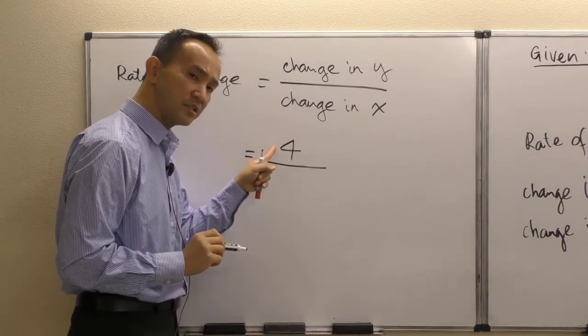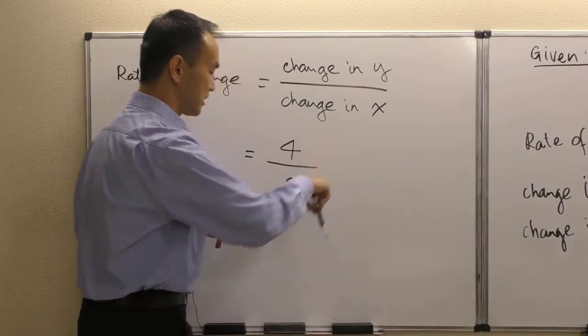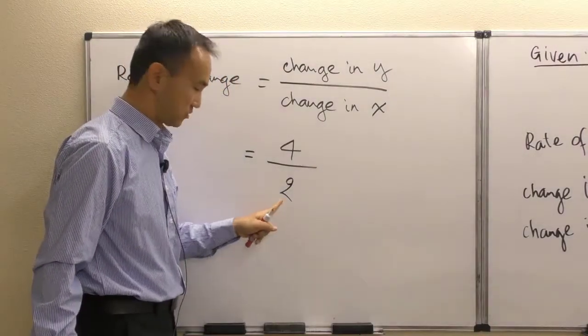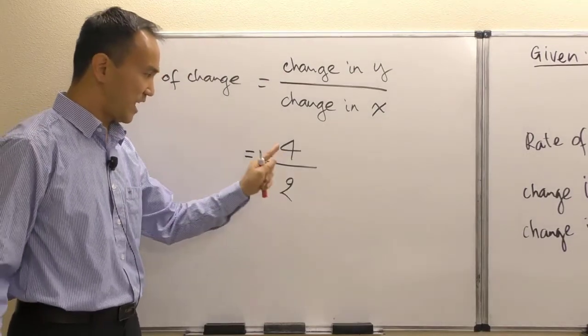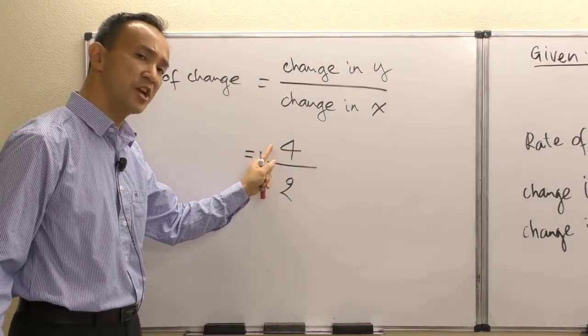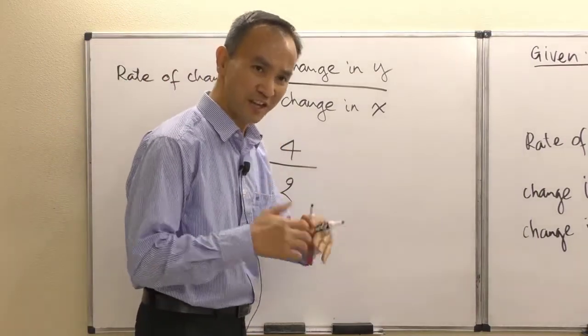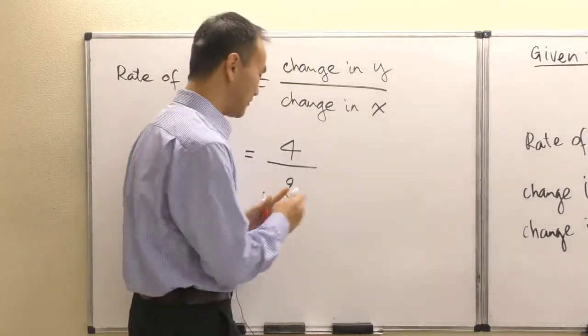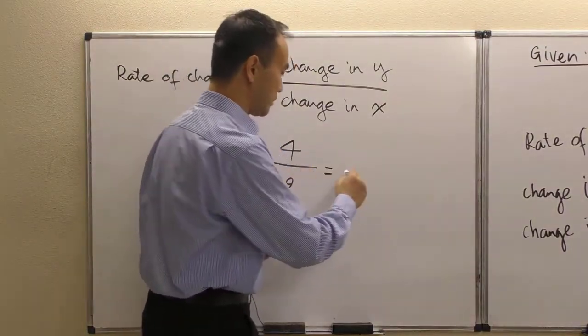So for this particular problem, the change in y was 4 squares, and it was a positive change, and we divided that by 2, which was the change in the x value, 2 squares over. In this case it was a positive change, so it was a rise. Eventually I will make all of those connections that you have seen before. Now 4 over 2 is in the end reduced down to a 2.